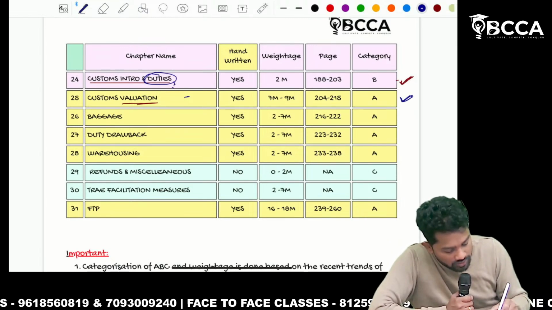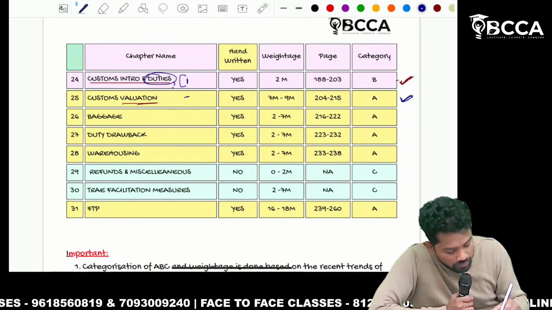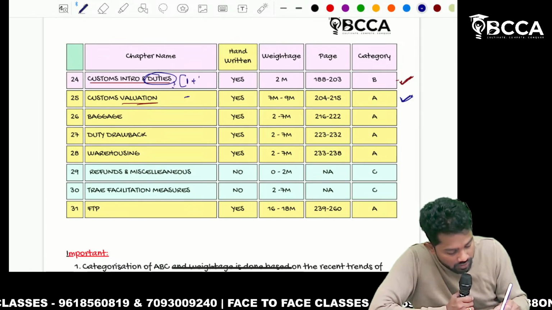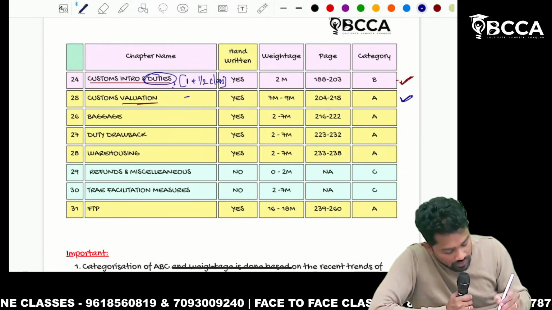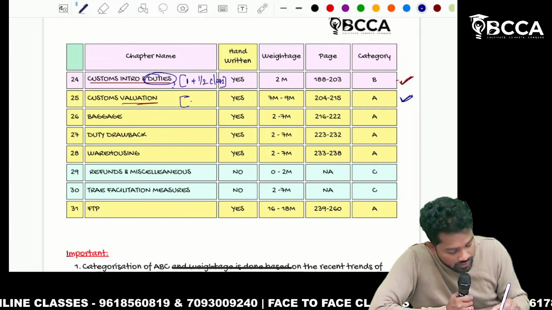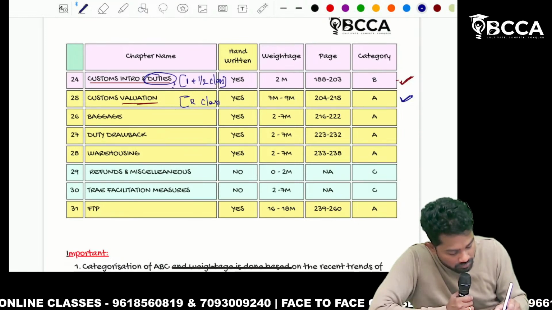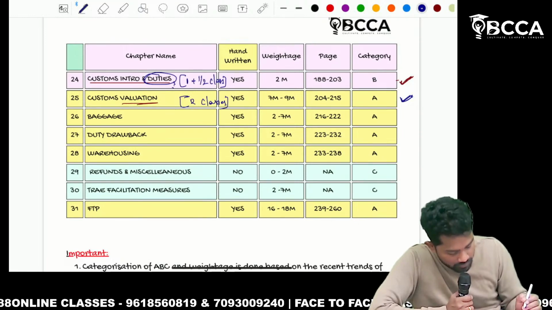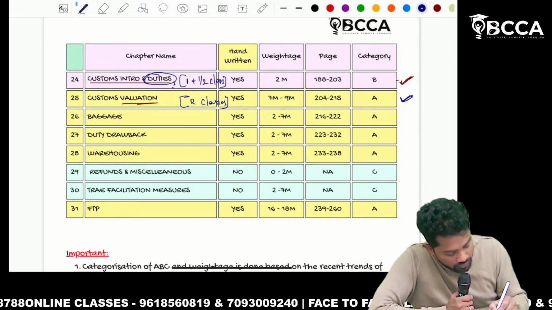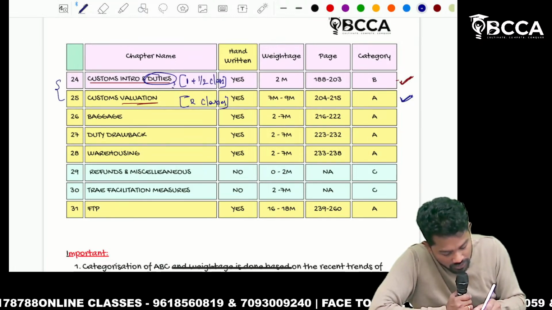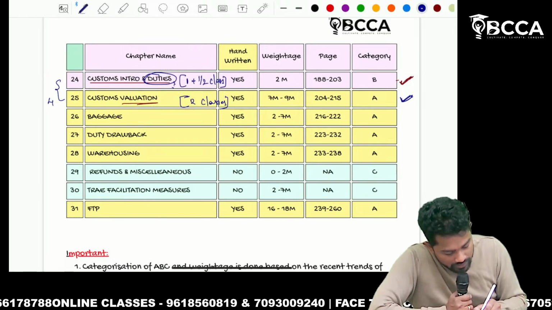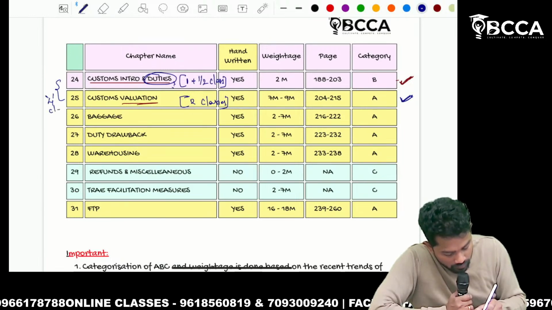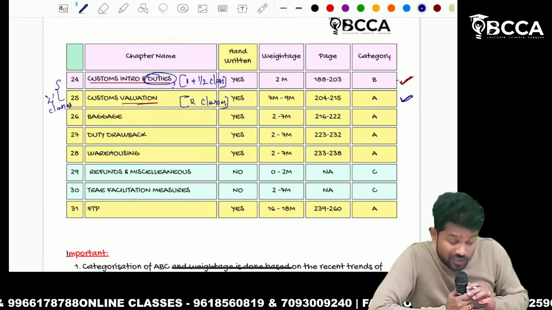For the intro on duties, the time allocated is 1.5 classes, I mean 3 hours. Then customs valuation needs another 2 classes. So for the first 2 chapters, my target is to give 4 classes, though there might be some differences.